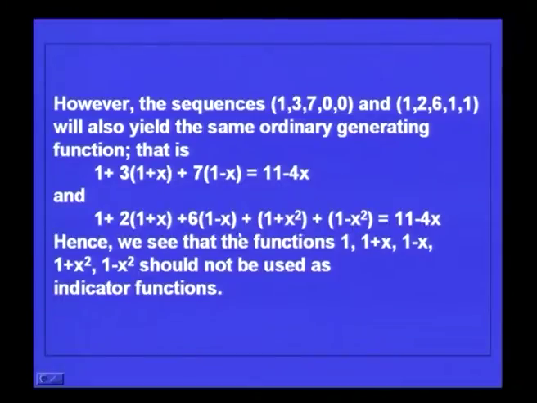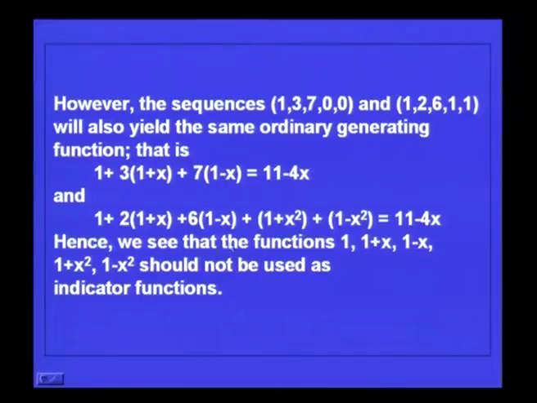If you simplify this, you get 1 plus 2 plus 6 plus 1, which gives you 11. The x squared terms cancel, and as far as the coefficient of x is concerned, you have 2x minus 6x, which gives minus 4x. So again you see that you are getting the same ordinary generating function, and it is representing 3 sequences, which is not correct.